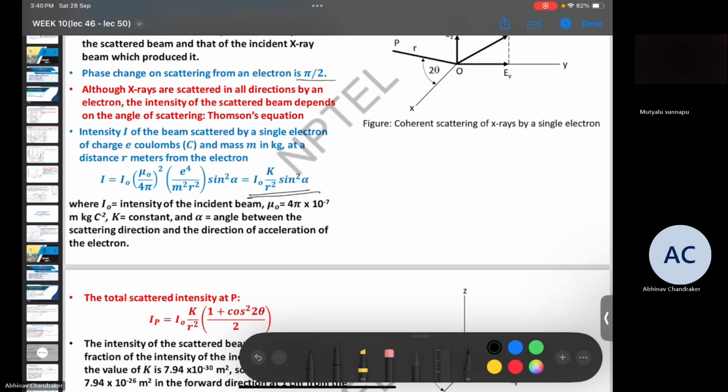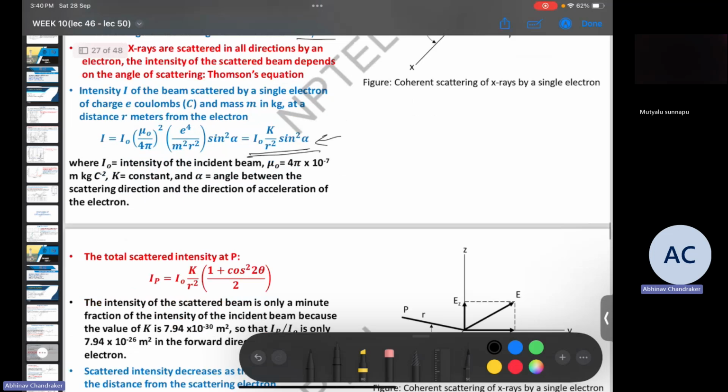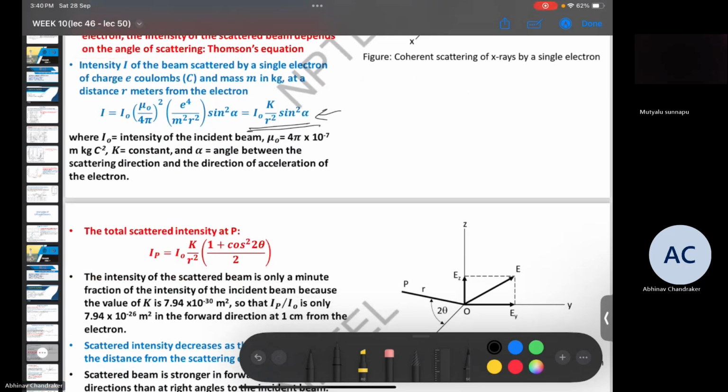So alpha is the angle between the scattering direction and the direction of acceleration of electrons. If the angle of the incident and scattered beam is the same, then the angle alpha will be 90 degrees, since the oscillation is perpendicular to the direction of propagation of the beam.